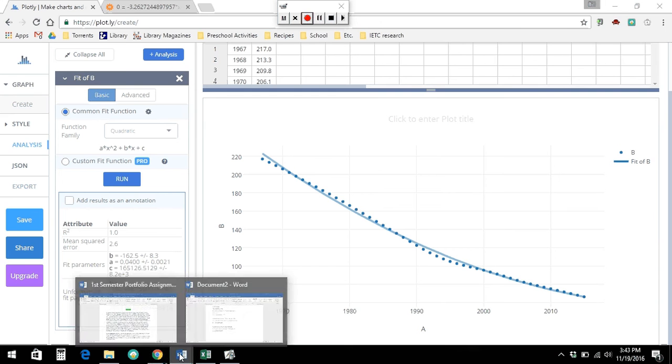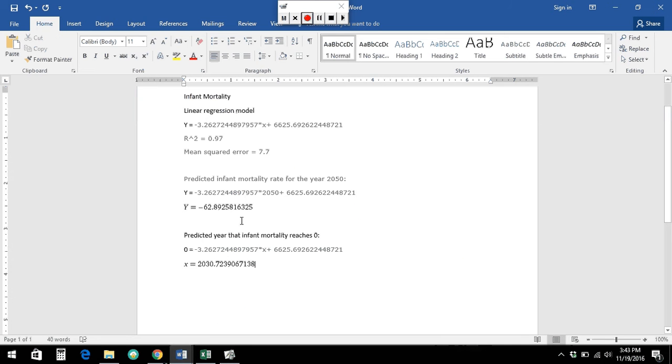So I'm going to go back to my Word document where I was starting to keep all of my information in. So not my screenshots, but you could have your screenshot with your linear regression model stuff that we did in the previous video. But I'm going to jump down a couple spaces here, and I'm going to type in quadratic regression model.